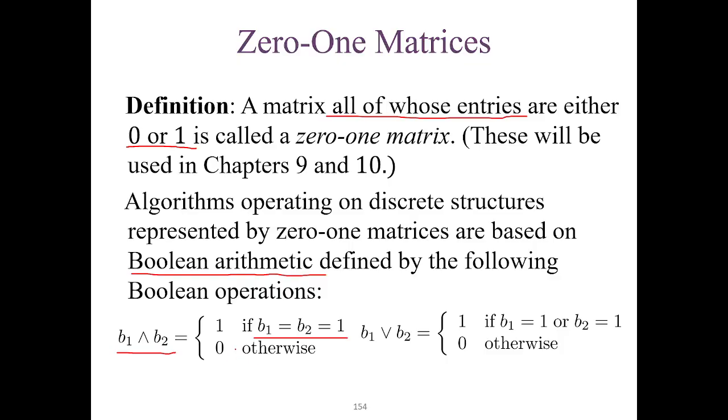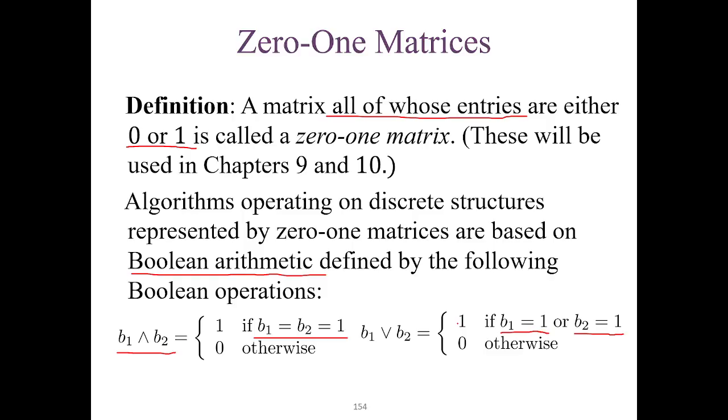Otherwise, it's 0. We can also define b1 OR b2. If b1 equals 1 or b2 equals 1, then b1 OR b2 is 1. I think this concept is very similar to AND and OR that we have learned in chapter 1.